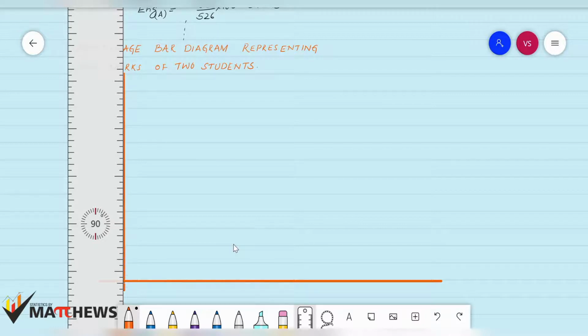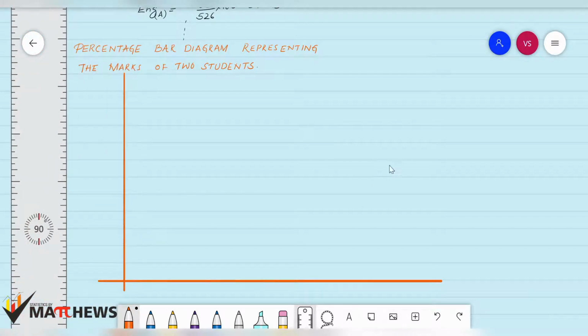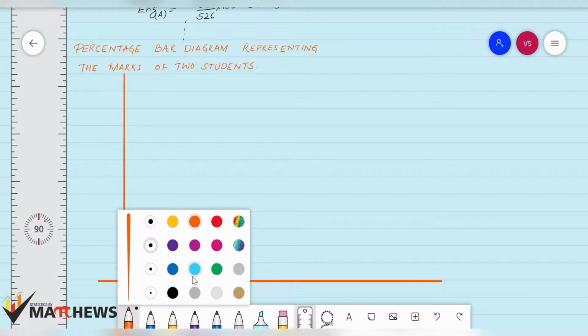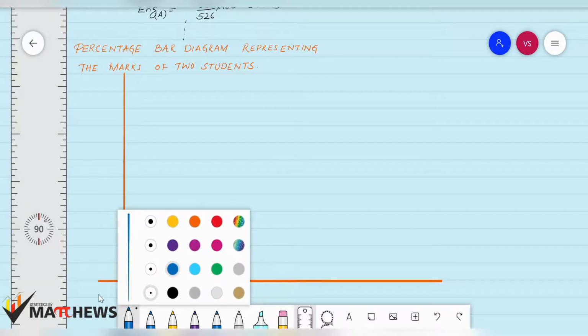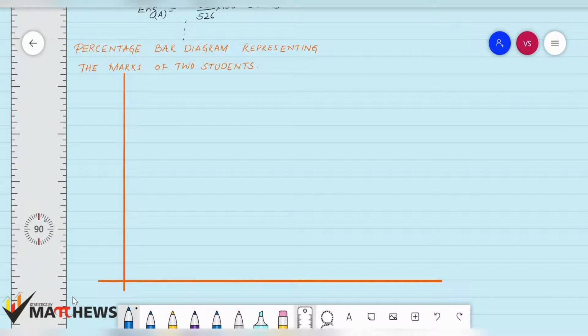I hope you have got it. Now let's write the scale, students. The scale, I'll write it here as scale y-axis: 1 centimeter is equal to 10 percentage. So on that basis I'll draw this.